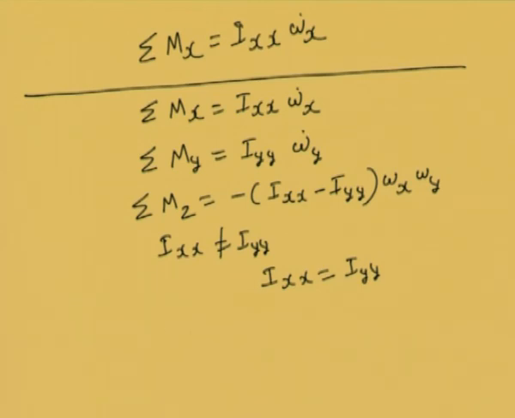Now we discuss torque free motion. In the absence of torque, whatever motion we get is called torque free motion. So if we write the Euler's equations, the first equation you will get is Ixx omega dot x minus (Iyy minus Izz) omega y omega z equal to 0.